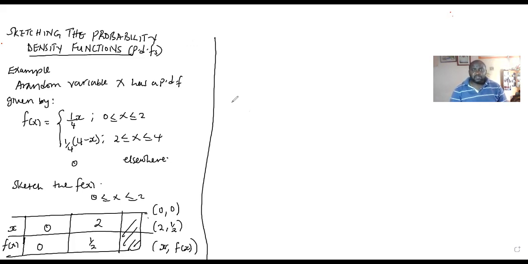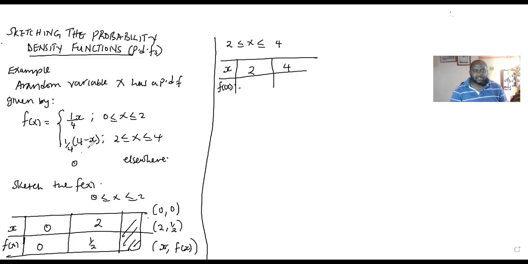So that is the first region. The second region is the region where we have 2 less than x less than or equal to 4. In this region, I can predict the coordinates by saying I have x and f of x. And these coordinates are for x is 2 and x is 4. When I put x is 2 in the second one, I'll have 4 minus 2, which is 2, times a quarter, which is also a half. When I put x is 4, I'll get 0. 0 times a quarter, I get 0.